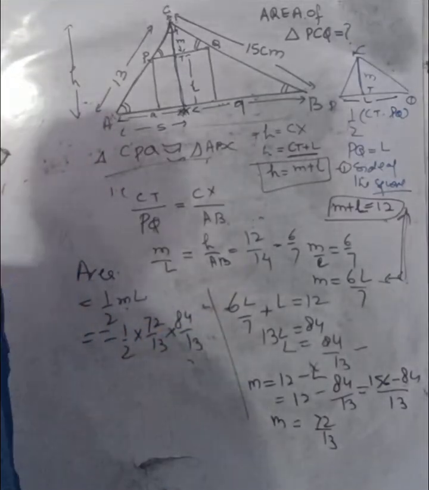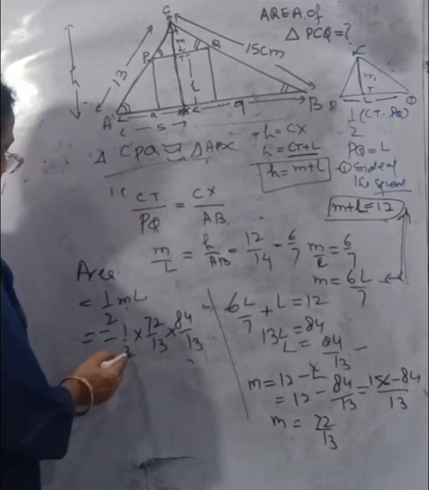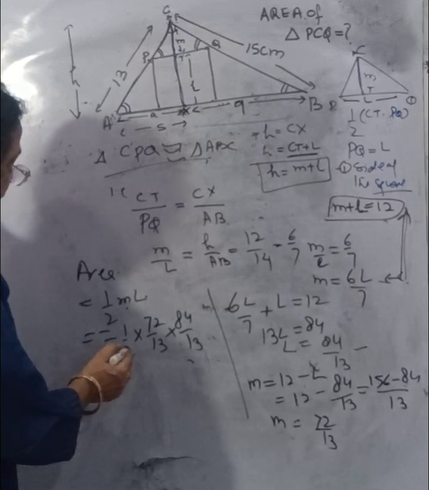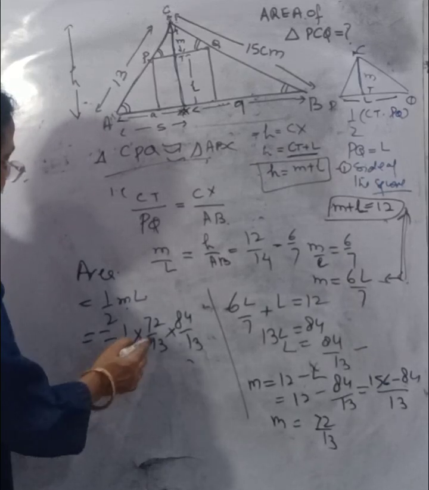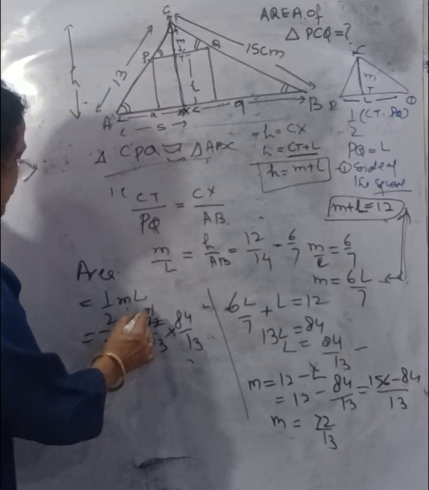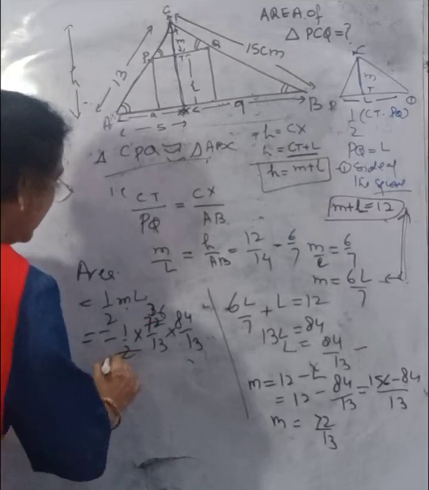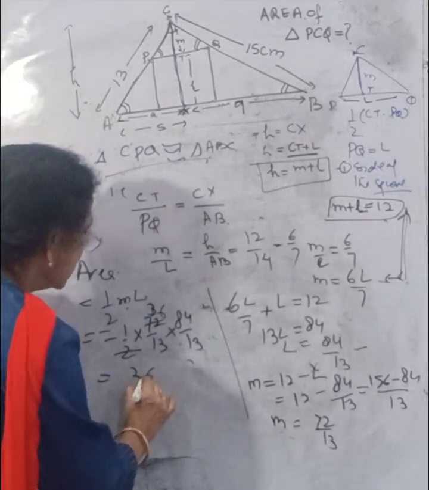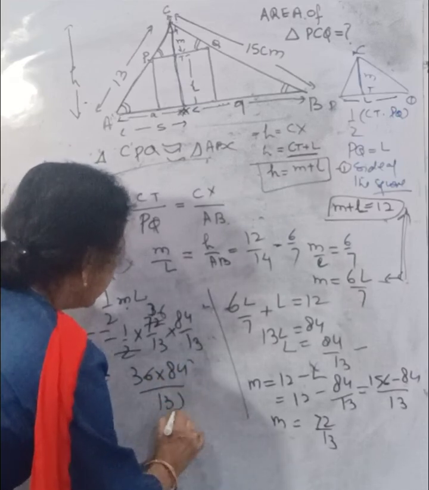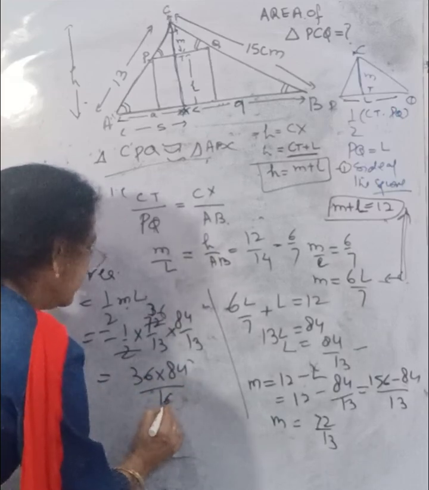Now you have to use the calculator. The 2 cancels with 72, leaving 36. So 36 into 84 upon 13 square, that is 169. This will be the area.